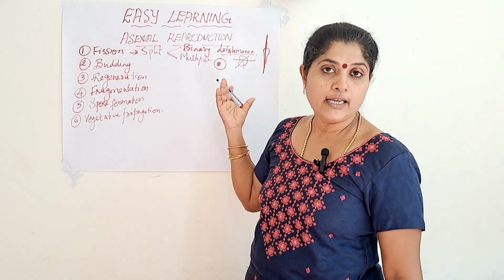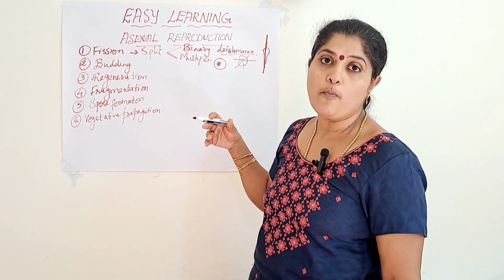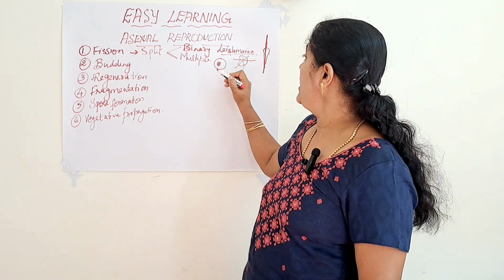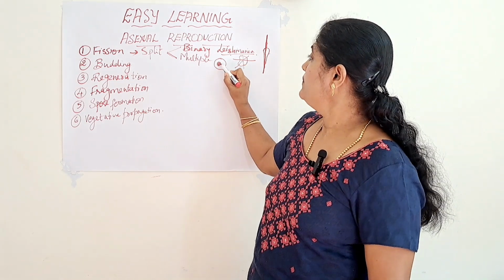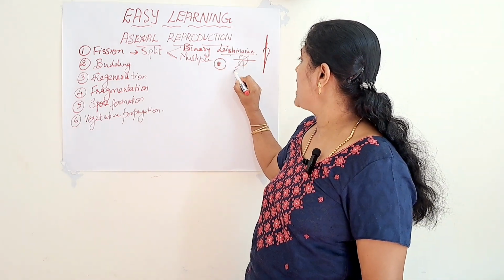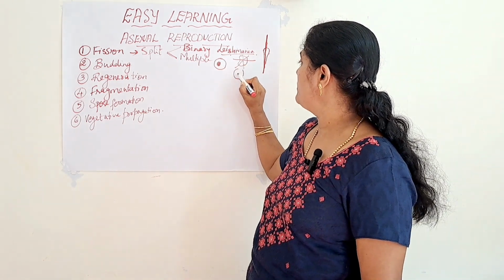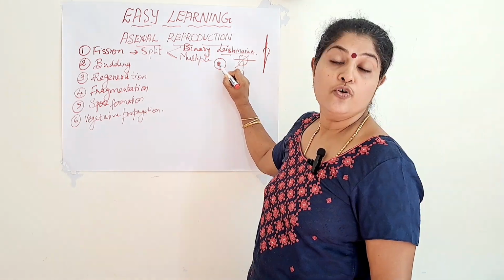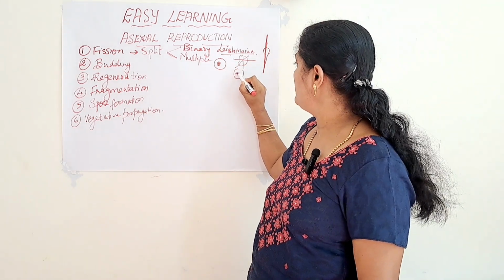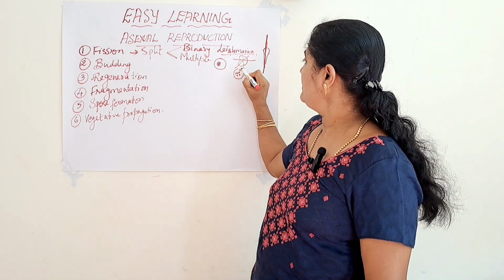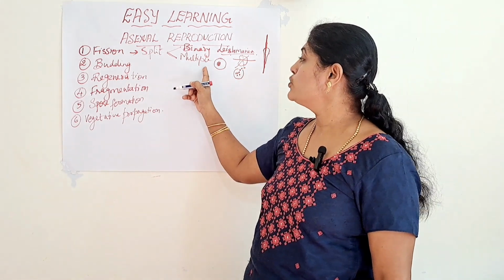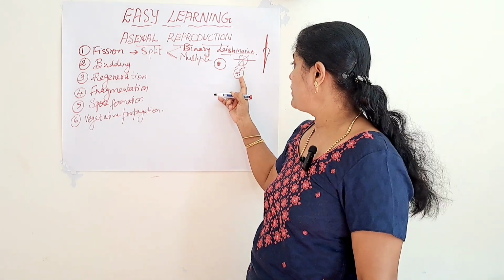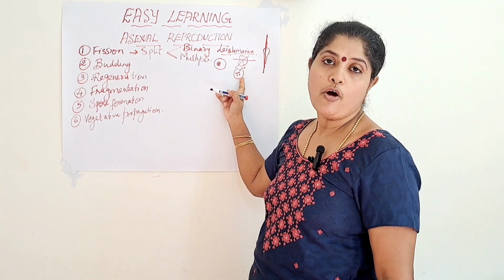Once the favorable condition occurs, that is, the temperature, warmth, nutrients and water are all available, the cyst will break open. The new cells will be formed and get dispersed out. That is how the process of multiple fission takes place in a single-celled organism.